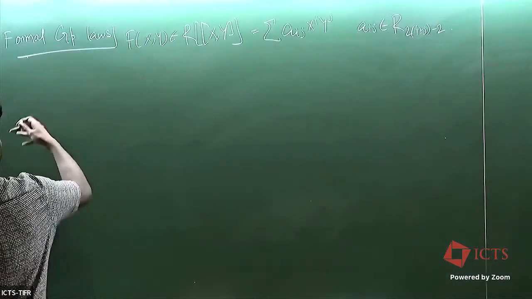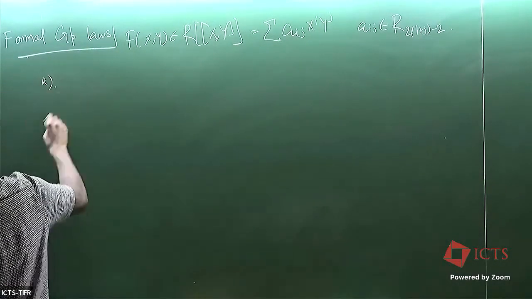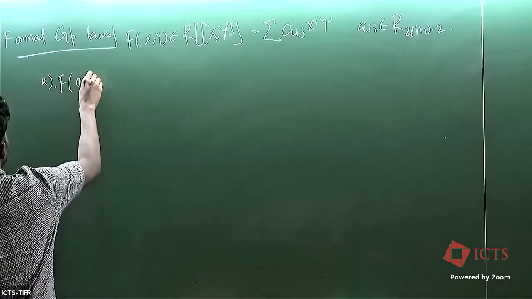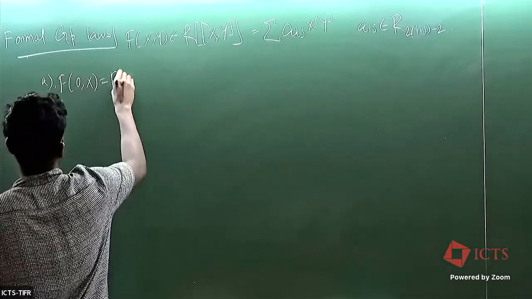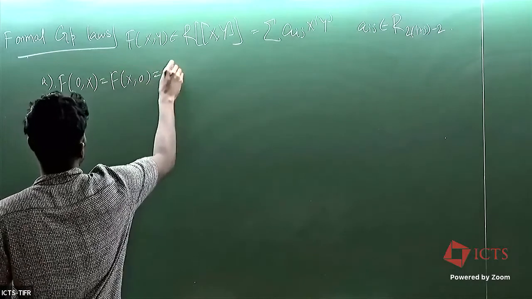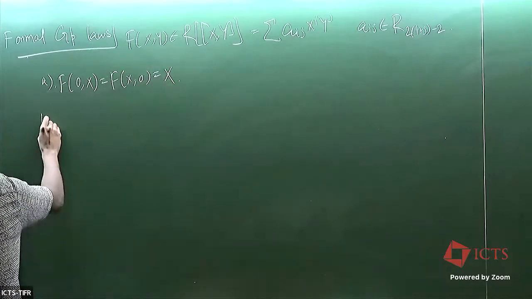This satisfies a bunch of conditions. First, f(x,0) is equal to f(0,x), which is x. That is the first condition.